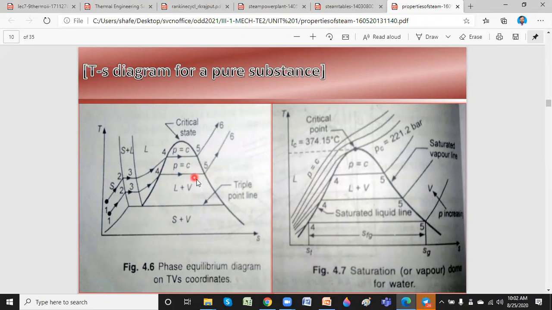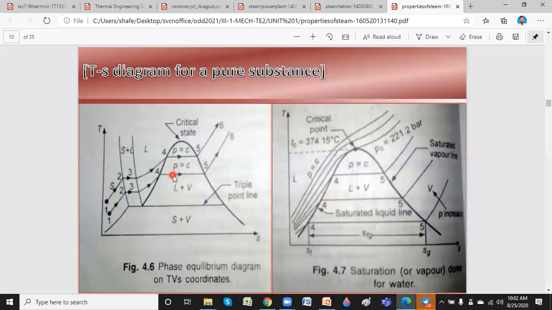But what happens in between here? If I consider the steam in this particular portion, it's not purely water and not purely steam, it's a mixture of liquid plus vapor. So 4 is purely liquid, 5 is purely vapor, after that superheated vapor, but in between it is both liquid plus vapor.